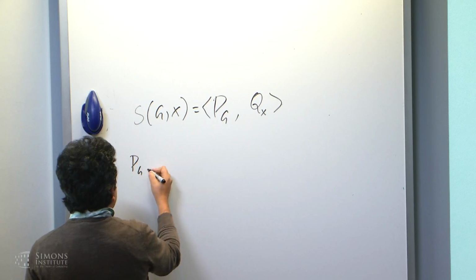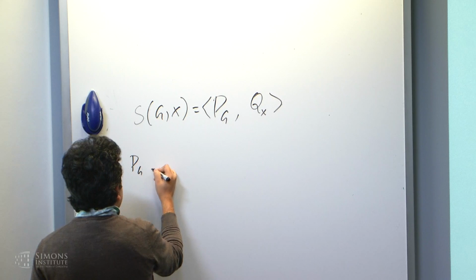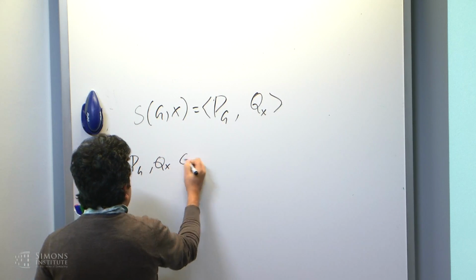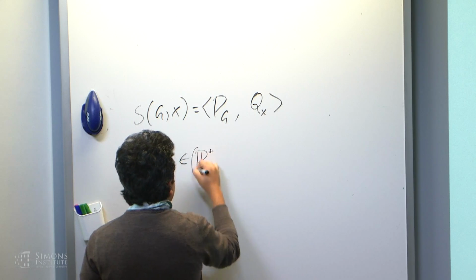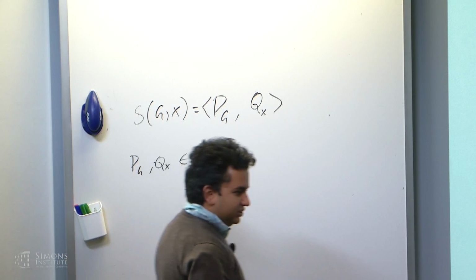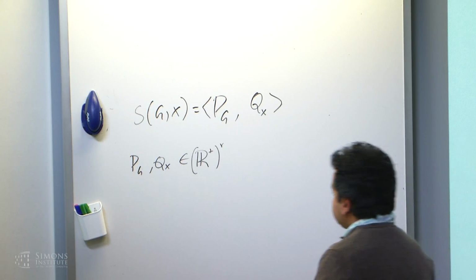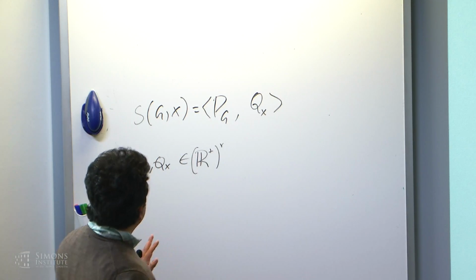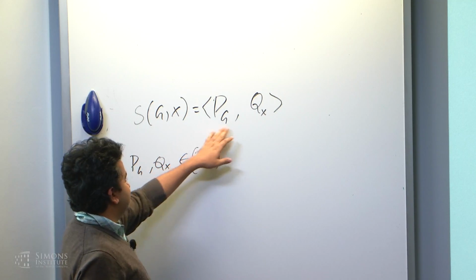If it's a non-negative factorization, P sub g and Q sub x are non-negative vectors of dimension R, and if it's a PSD factorization, they are PSD matrices of dimension R. The first thing that we want to prove is that such a thing doesn't exist.